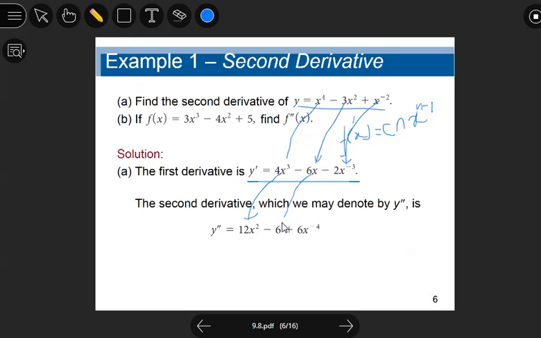And for this one, c is 6 and n is 1, so this becomes negative 6. And here also you can use this given rule. So this is the second derivative. The thing you need to know is that we can find the second derivative in steps. First we need to find the first derivative, then derive it again, then you get the second derivative.